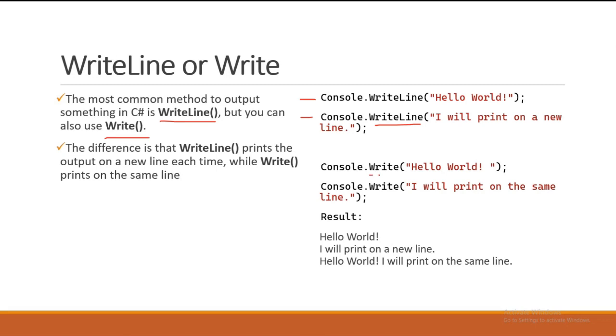But if you use Write, the next information is shown right after on the same line. Let's see: Hello World here is the first line, and I will print on a new line because we used WriteLine. Then this information will start from the next line, Hello World, and then this information will be right after this Hello World, printed on the same line. That is the difference between Write and WriteLine.